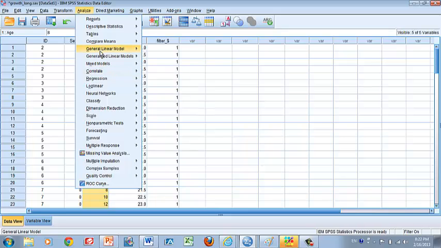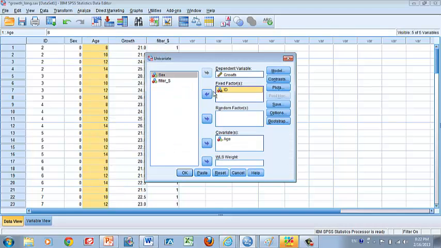If you go ahead to do linear regression, let's use the general linear model option. You put growth as the dependent variable and age as a covariate. In today's example, instead of comparing the mean of growth at different age categories, we will compare the slope of age.